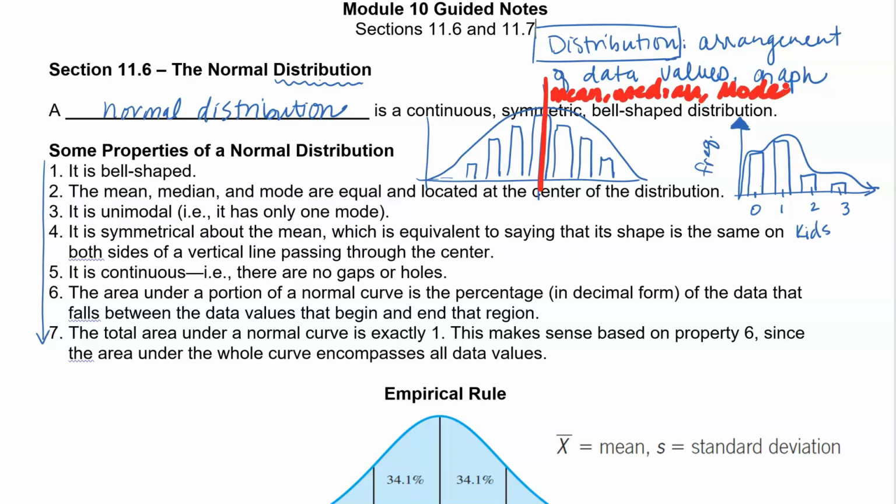Okay, in the center. You can also see by the picture that most of the data values are around the mean. And I know that because think of a bar graph. When the bars are the biggest, it means more data values are in that section. Just like in my example over here, the biggest bar is 1. Most students in my class have 1 kid.